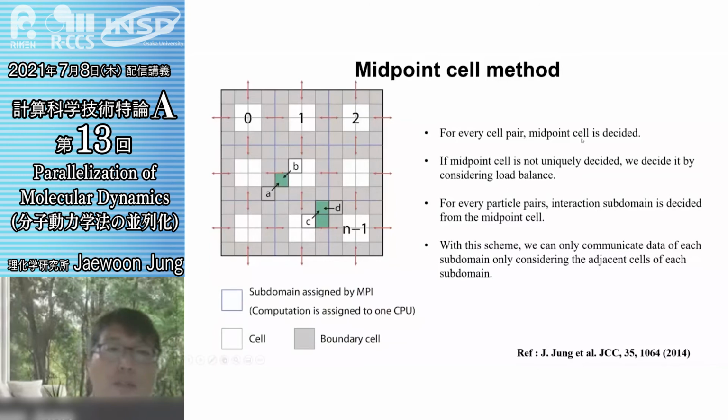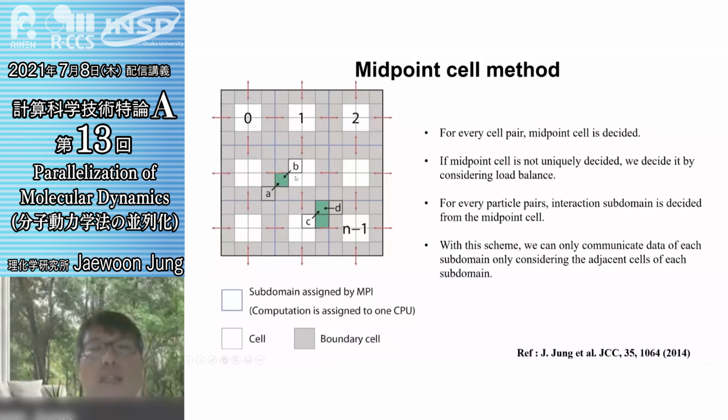For example, let's consider the particles in cell A and cell B. The particle here is saved in this MPI process, and particles in cell A are in a different MPI process. The pairwise interaction between the two, we need to assign to this MPI or this MPI.